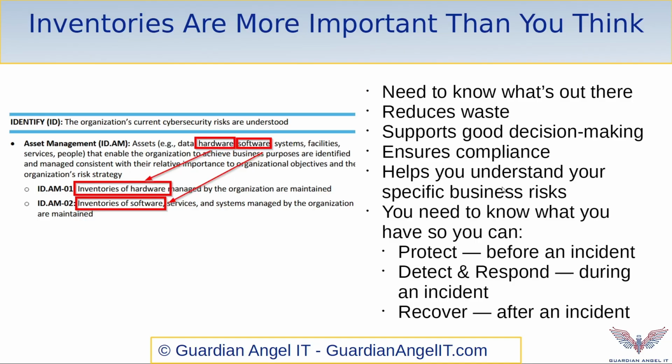On the last slide, I showed you the NIST Cybersecurity Framework core and the position of the Identify function within it. On this slide, I wanted to go a little bit deeper and show you that the first category in the Identify function is asset management, which you can see in the image on the left. Within this category, the first two actions are performing hardware and software inventories.